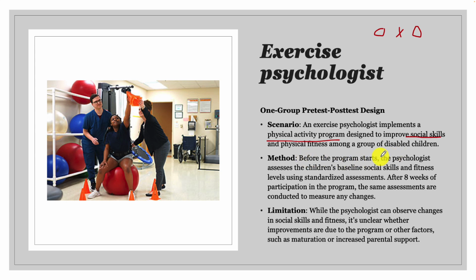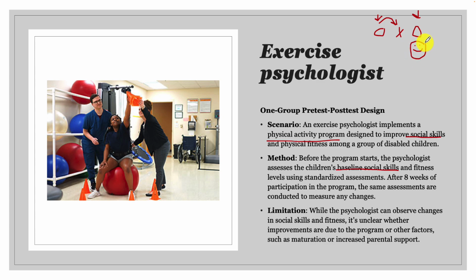Before the program starts, the psychologist assesses children's baseline social skills and fitness levels using standardized assessments. After 8 weeks of participating in the program, the same assessments are conducted to see if the measures had changed, right? Exercise, post, hopefully social skills got better.